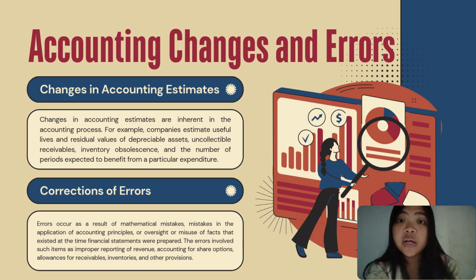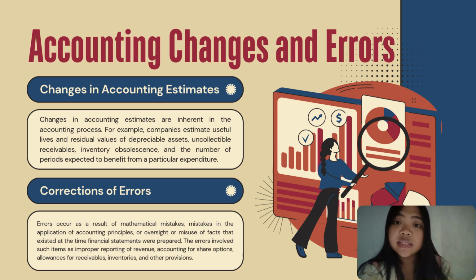Errors occur as a result of mathematical mistakes, mistakes in the application of accounting principles, or oversight or misuse of facts that existed when the financial statements were prepared. Errors involve such items as improper reporting of revenue, accounting for share options, allowance for receivables, inventories, and other provisions.